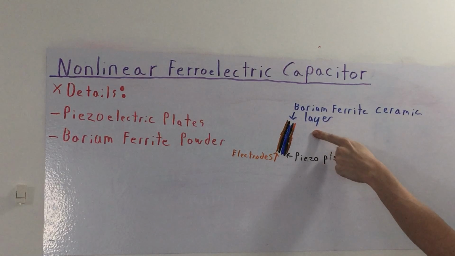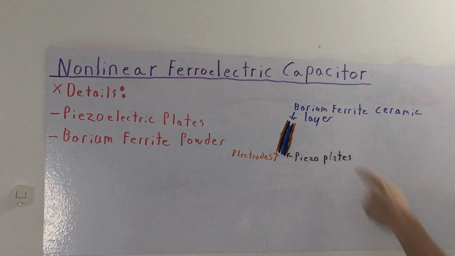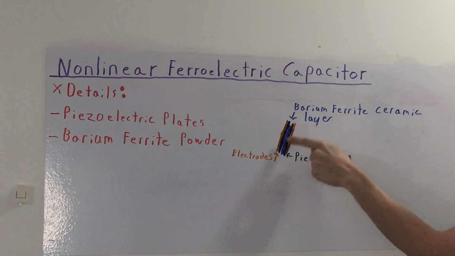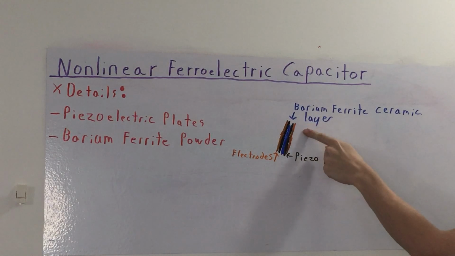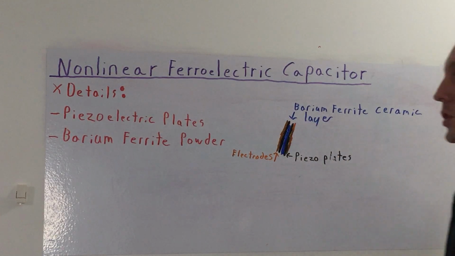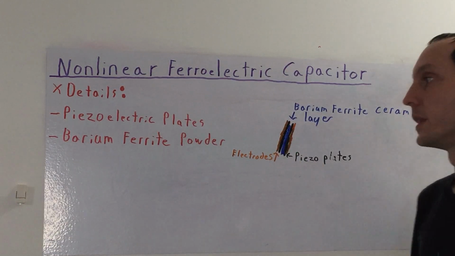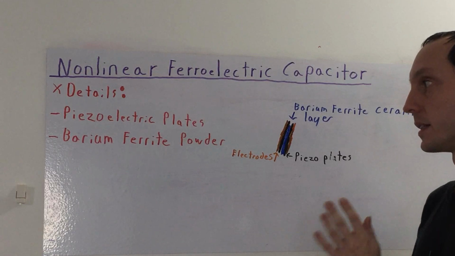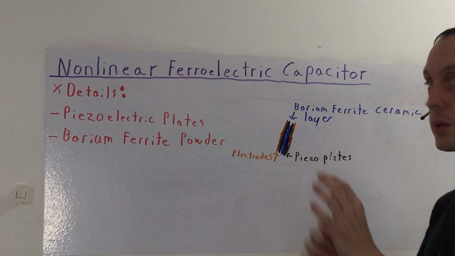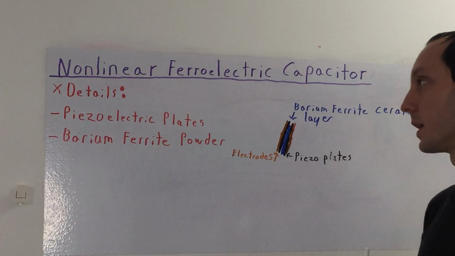I've got a rough diagram here for constructing it here. So there's your barium layer, your piezo plates in black, and the electrodes in orange. So first you've got to prepare the barium ferrite ceramic layer. The powder would need to be compacted and sintered to produce a very thin ceramic plate here.